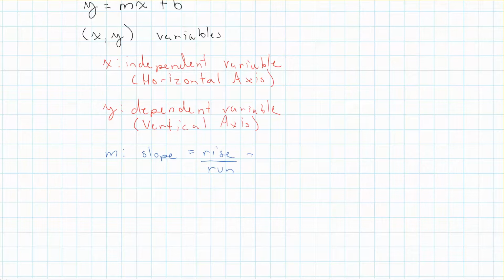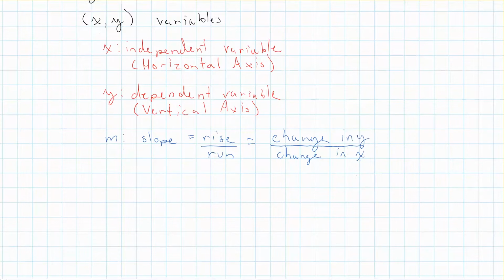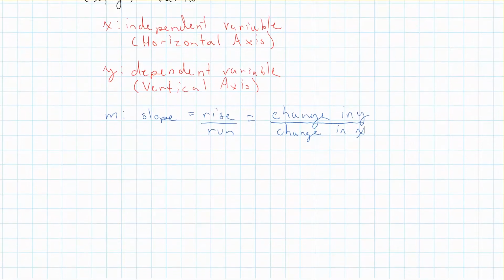Or, better yet, I like to think of it as the change in y over the change in x. And we'll go through some examples of this, write some slopes down and interpret what they mean. Of course, there are ways to compute slope, and some of you already know those, but we'll get to those a little bit later on in this video.